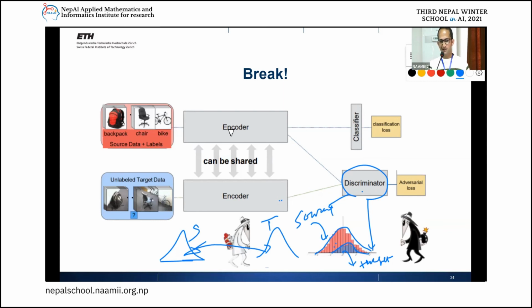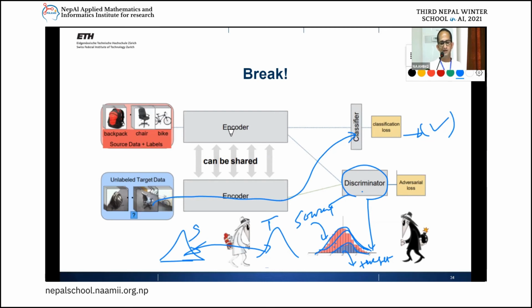So that way the distributions get aligned. And since the distributions get aligned, you can use this encoder with this classifier to perform the classification. Since the discriminator is a classifier, in one stage of the training it can say whether it comes from the source or the target, right?